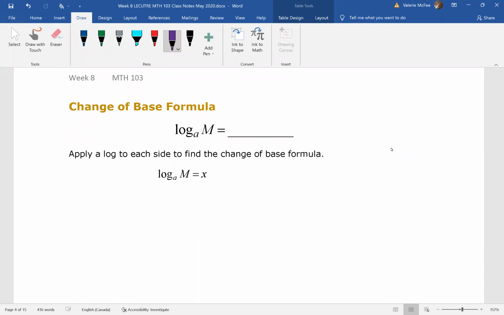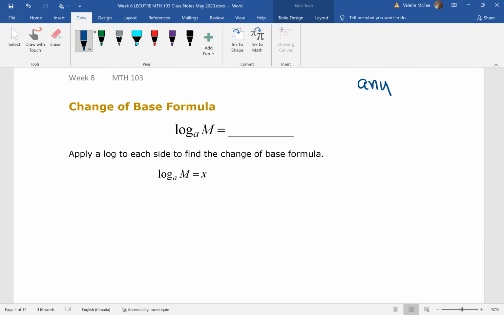But we still can find that the change of base formula is useful if sometimes we encounter logarithms that don't have a common base. Because if you think about those properties we were looking at, they always had common bases. The change of base formula says that we can rewrite log base a of m with any base.